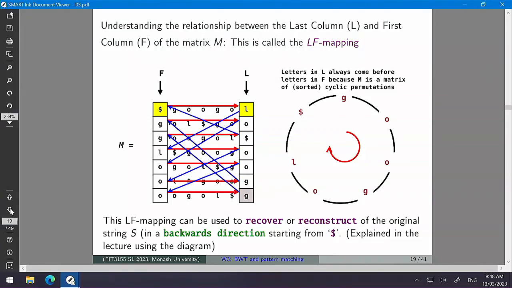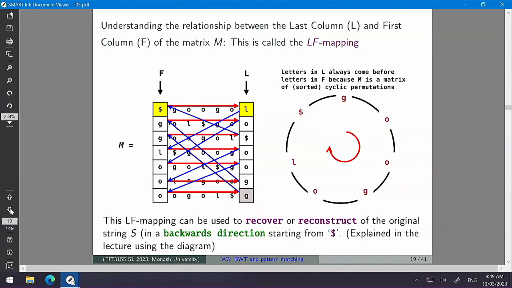Because I know the order in which the letters will fall, because they have to be the sorted order of the letters in the original. Whatever the string, the first column is fully sorted. So it has a lot of structure in it, a lot of patterns in it.